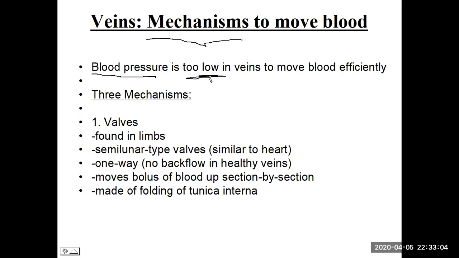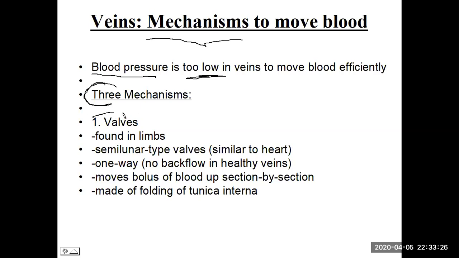But the job of a vein, as we started out, is to deliver blood to the atria. Veins have to deliver blood into the pump. So to help with that, we'll discuss 3 different mechanisms, structures in place to help circulate blood through the veins despite the low pressure.